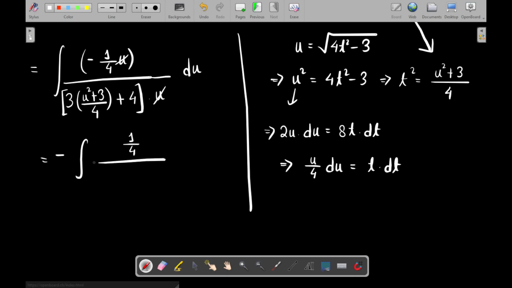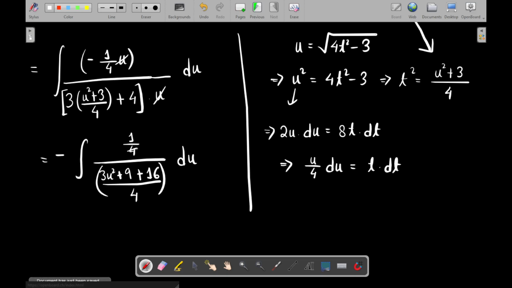On simplification, this becomes 3u square plus 9 plus 4 times 4 will give us 16, right? This is entirely divided by 4.